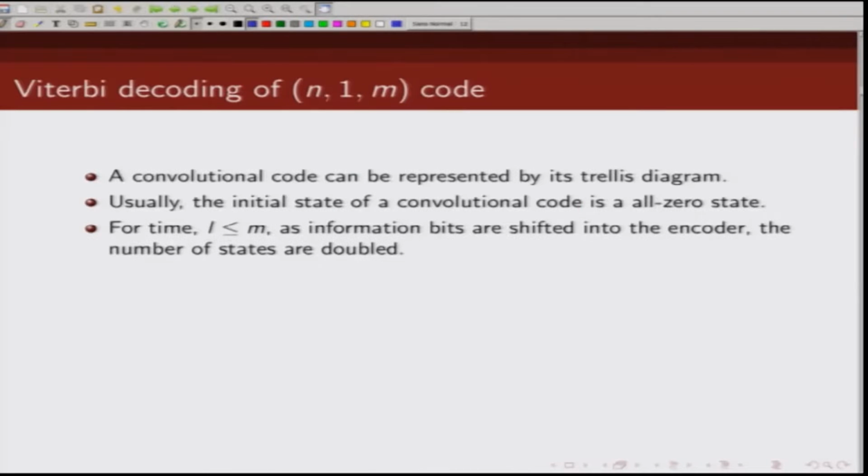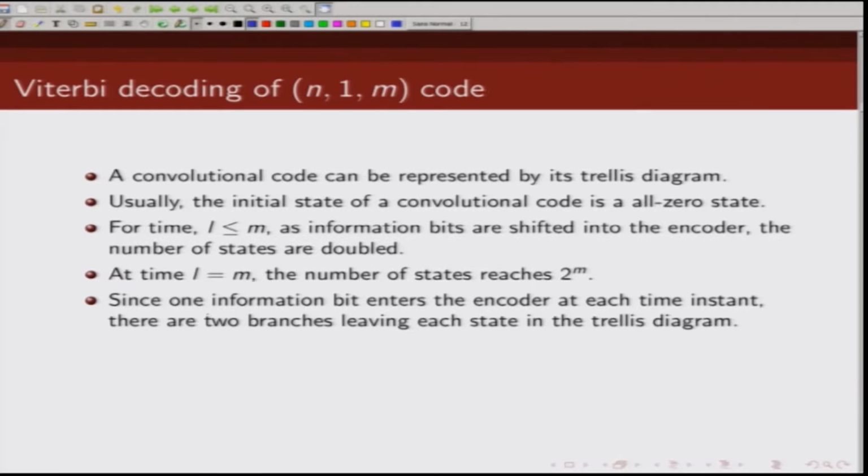As long as L is less than the memory order, at each time instance the number of states gets doubled until we reach time L equal to m, when we reach all possible states, which is 2 raised to power m, because our convolutional code has a memory of m. In total it has 2 raised to power m states.